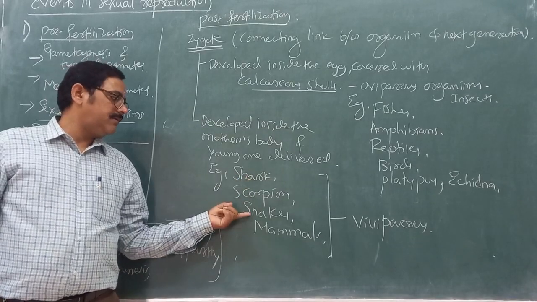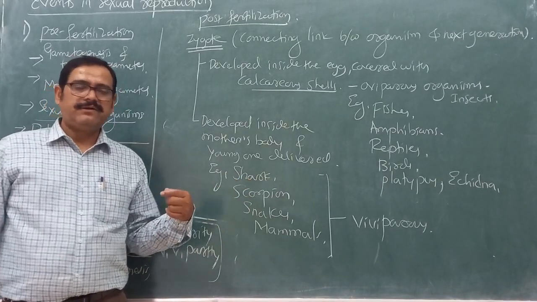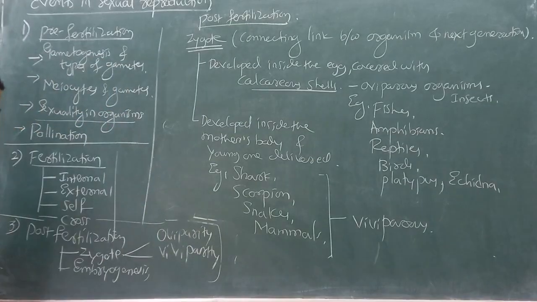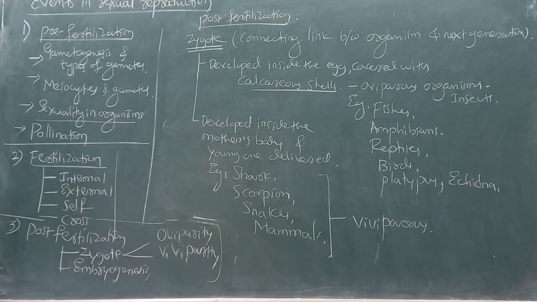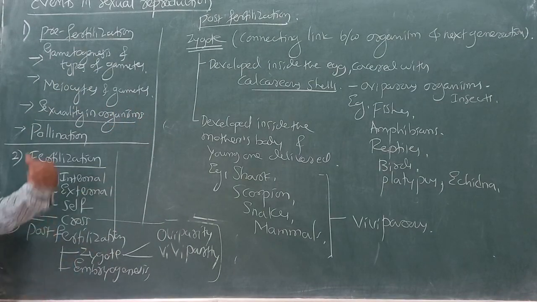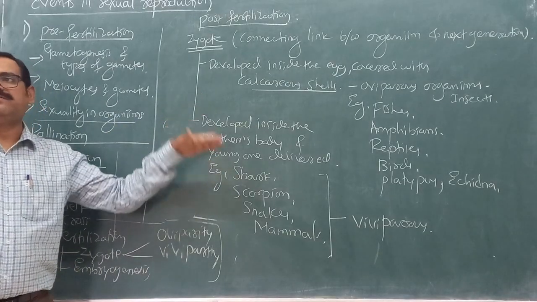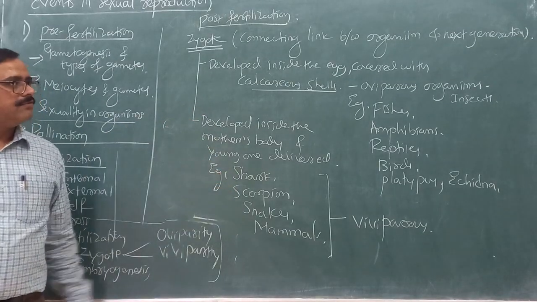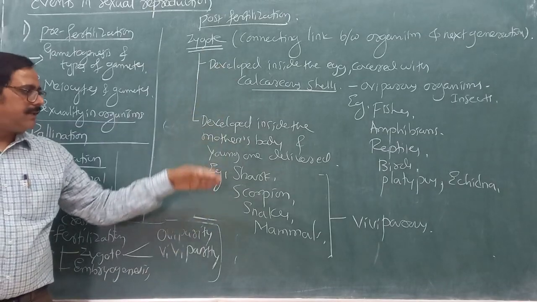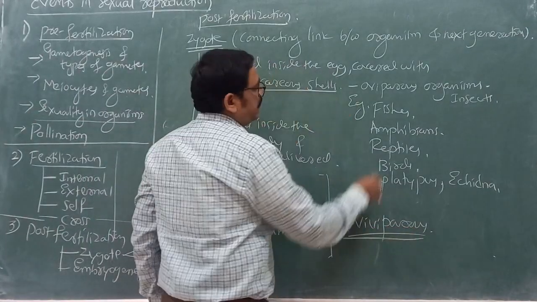So, sharks and sometimes snakes, they are called as ovoviviparous. Okay, so this is about mainly what we say, yes, post-fertilization, zygote formation, that may be either inside the egg or outside the egg or in the mother's womb. Okay, so they are oviparous, they can be viviparous. So this word we need to remember.